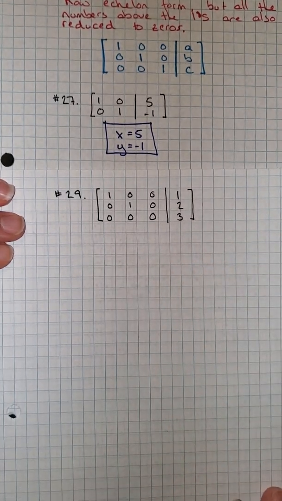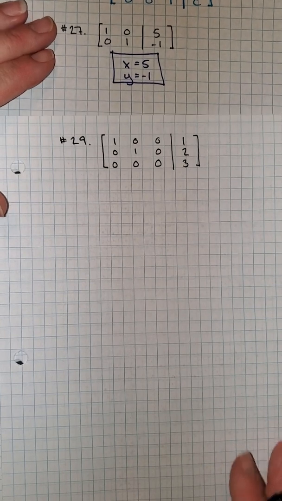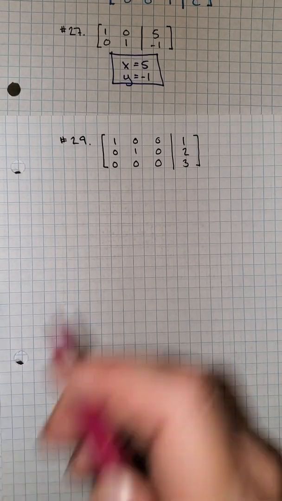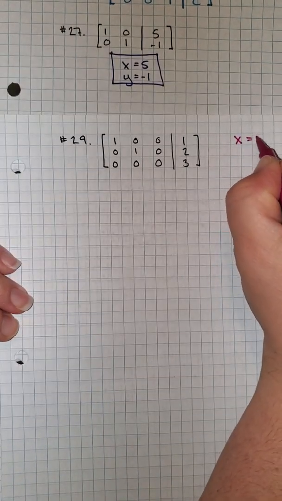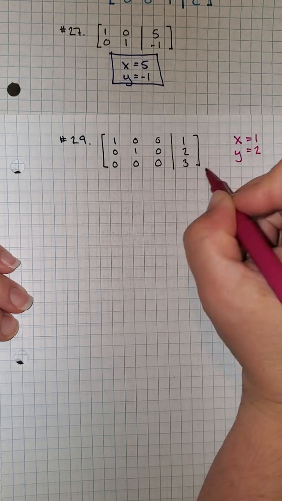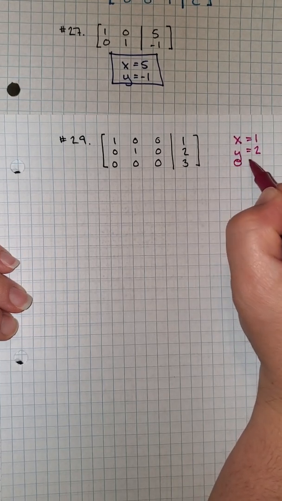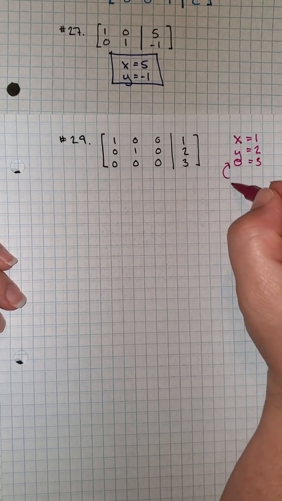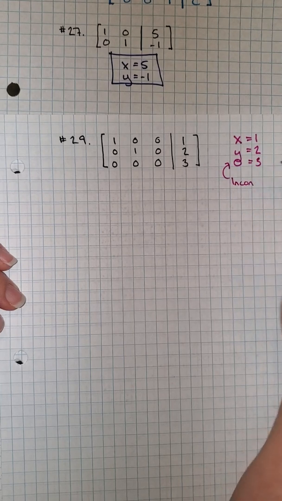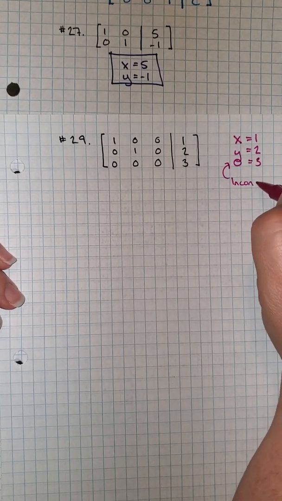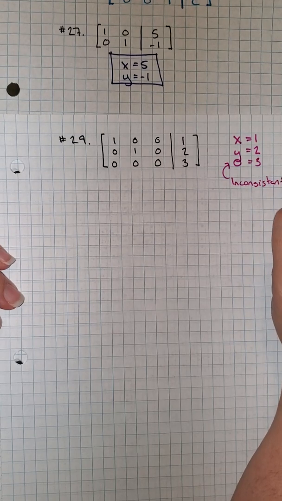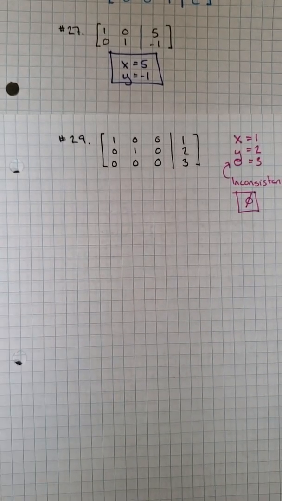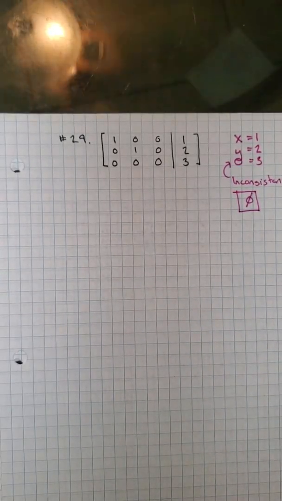So this one is missing a 1 as far as reduced row echelon form goes. So that means you do have x equals 1. You do have y equals 2, but then here you have 0 equals 3, not z, because there's no 1 for the z. So this is inconsistent. 0 does not equal 3. So the answer would be no solution, because you can't have that at the bottom and still have a solution.